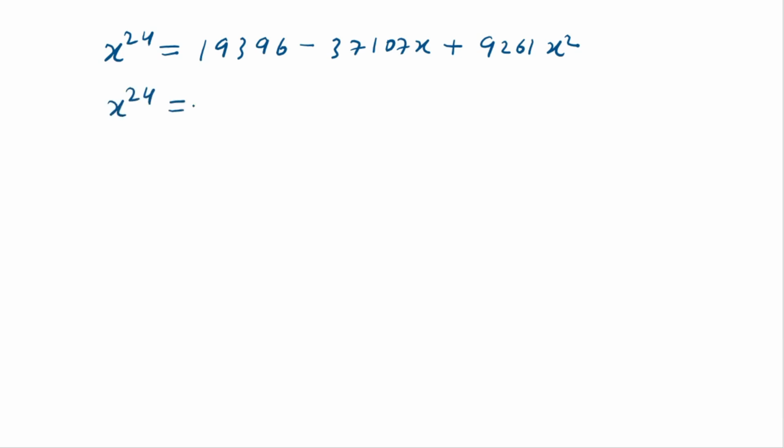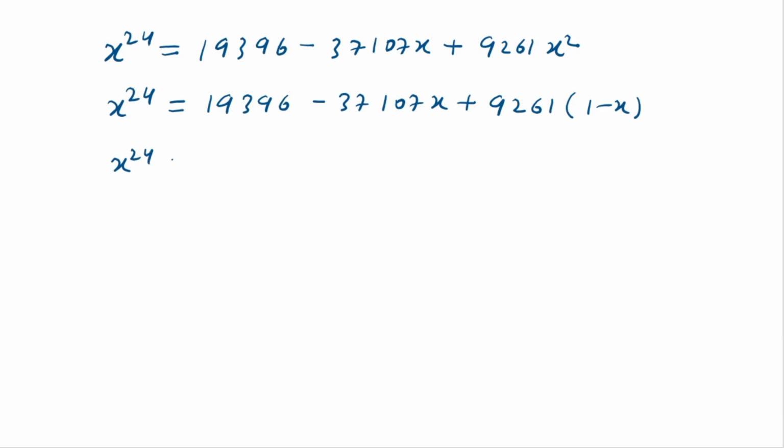x^24 equals 19396 minus 37107x plus 9261x square. In the left hand side, x^24 equals 19396 minus 37107x plus 9261, and x square is replaced by 1 minus x.